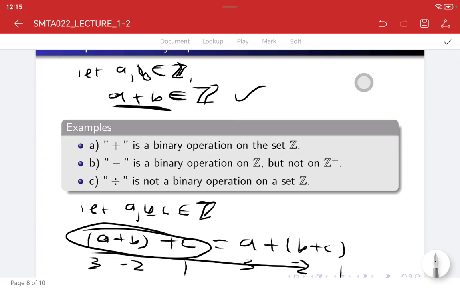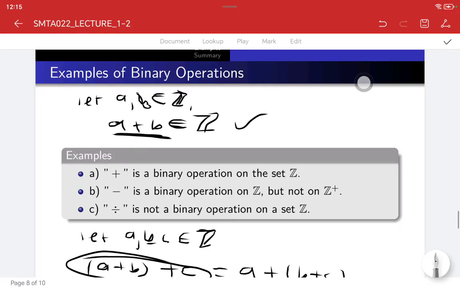Since there's closure and associativity, you can check for identity.